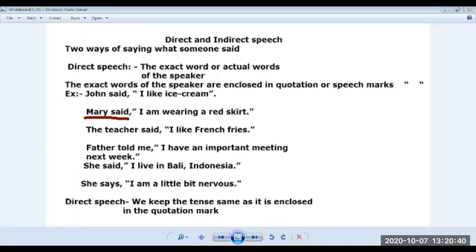There is a small comma to separate the reported verb from the reported speech. This is the reported speech. So to separate this, what did we use? A small comma, and the speech has been enclosed inside quotation marks.